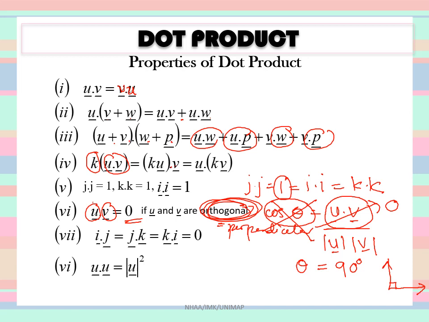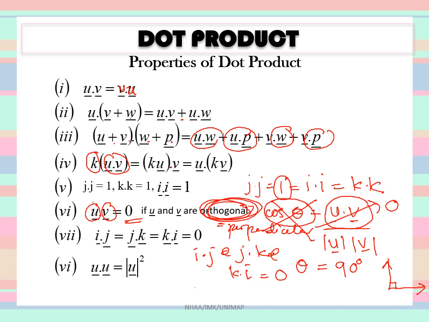Alright, dot product of the different components will give you 0. So if you dot product different components, for example i dot j or j dot k or k dot i, this will give you 0.